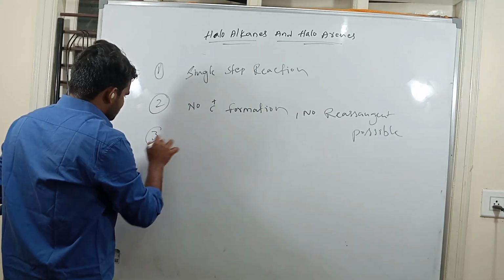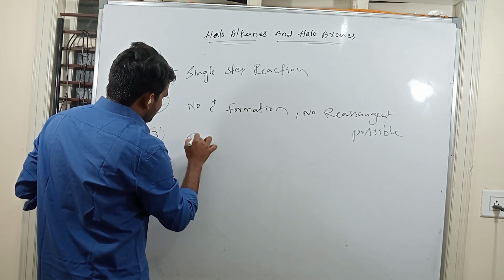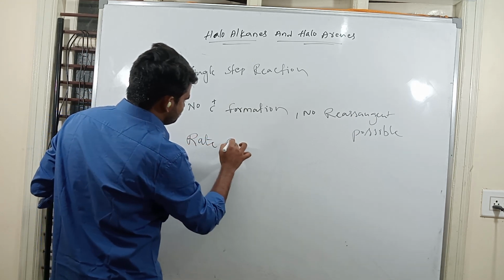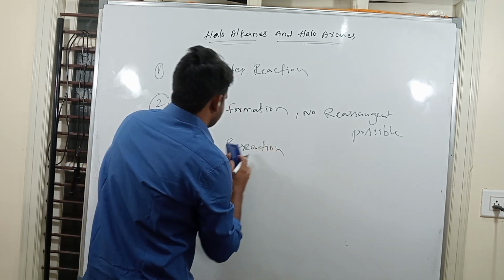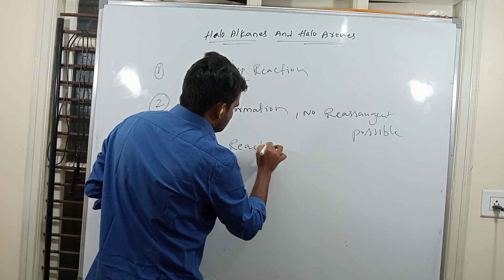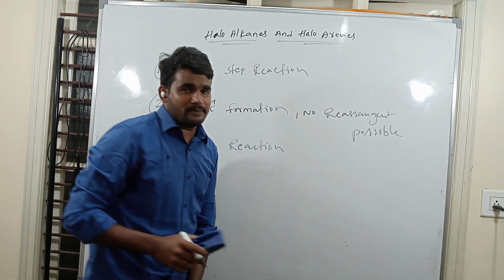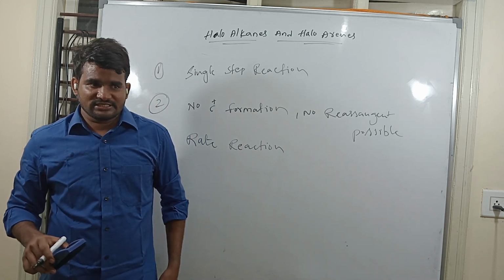Okay. The third point is the rate of the reaction. You know already, according to chemical kinetics, the rate of the reaction depends on the rate determinant step. The rate determinant step is nothing but the formation of this transition state.